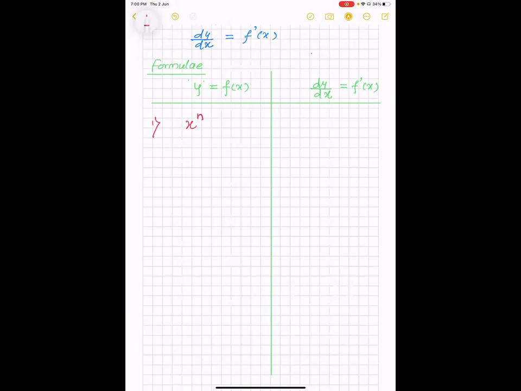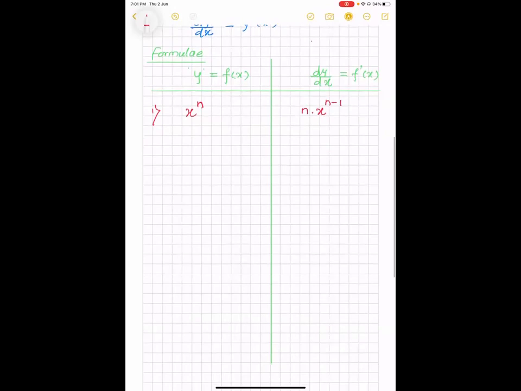When I say n is a constant, that means n can be any number. So if we have any function like x raised to n, the derivative of that function is given by the formula n times x raised to n minus 1.